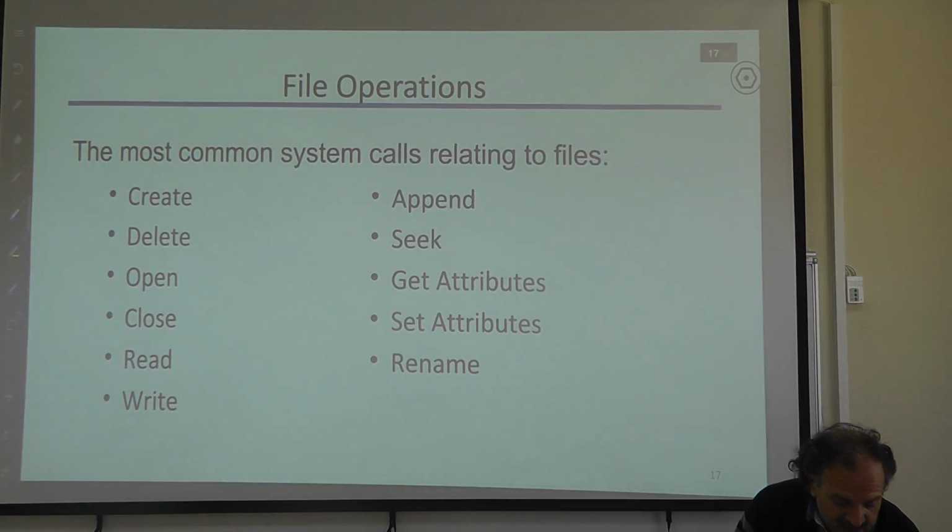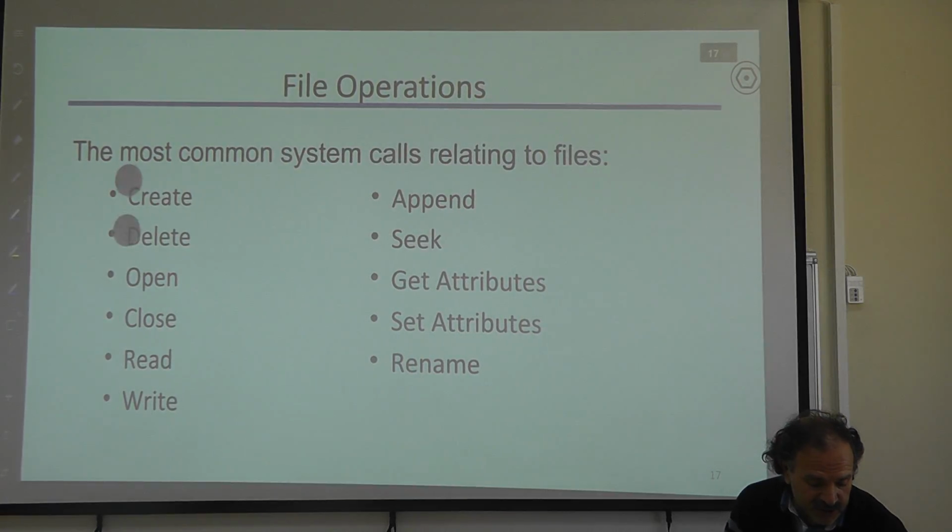A user can create a file, delete a file if he or she has enough permissions, open a file, close a file, read from the file and write to a file, or append to it. We all know the C functions that call these system calls from our C programming classes.